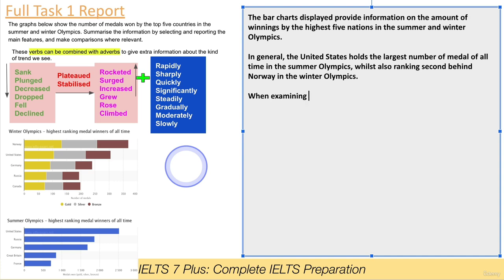So when examining the Winter Olympics, Norway has the highest amount of medals of all time.